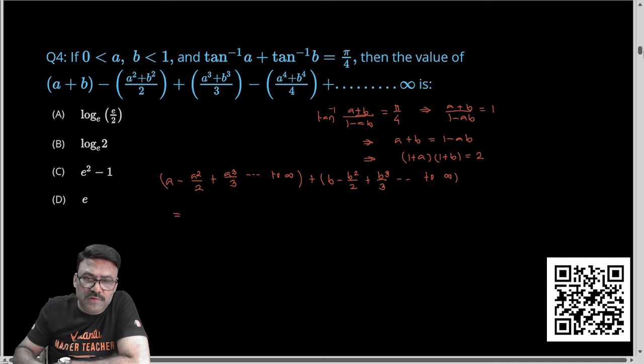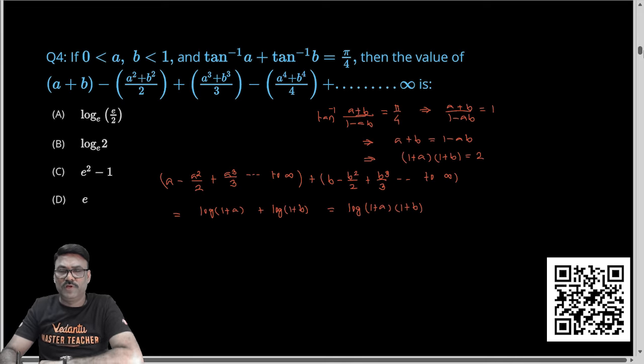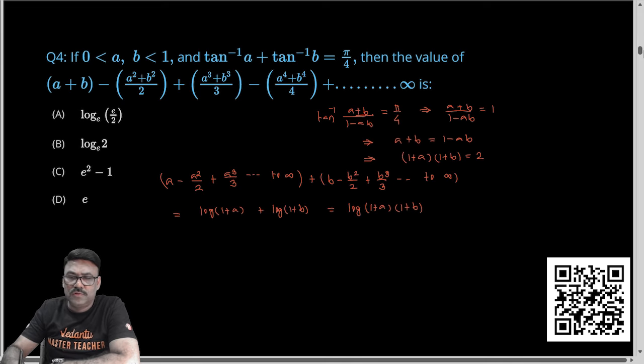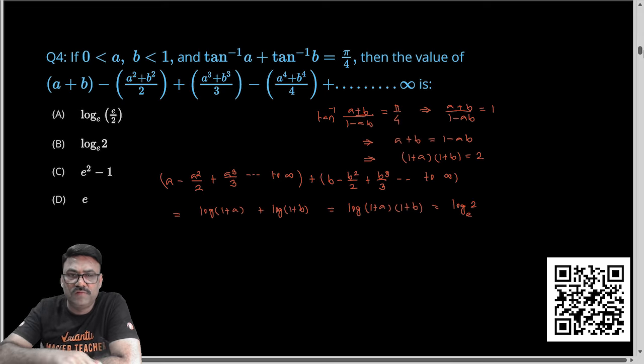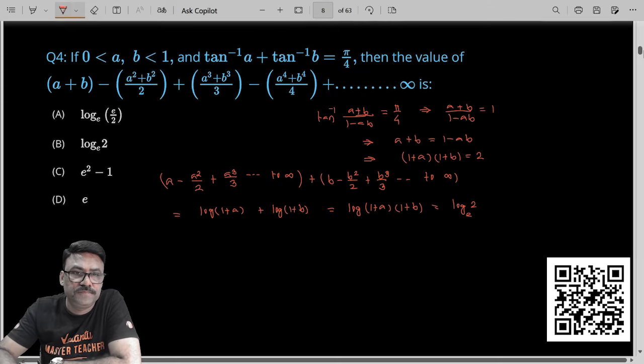And this is nothing but the logarithmic series, log of 1 plus A with the base e, and the second one is log of 1 plus B. So log m plus log n is log mn, so it is log of 1 plus A into 1 plus B. And as derived earlier, 1 plus A into 1 plus B is 2, so this is basically log 2, and of course the base is e here.